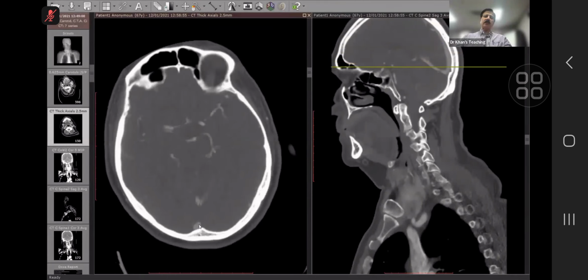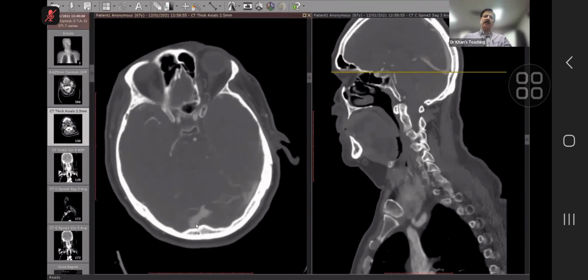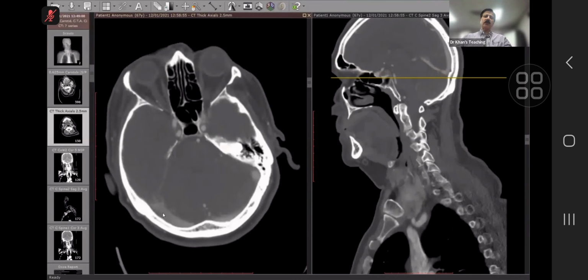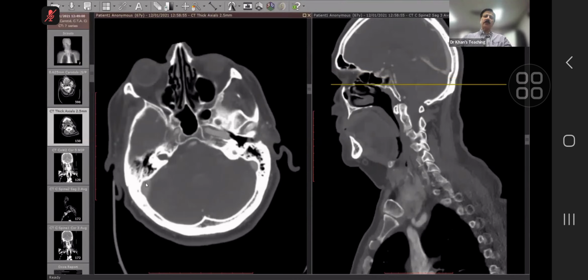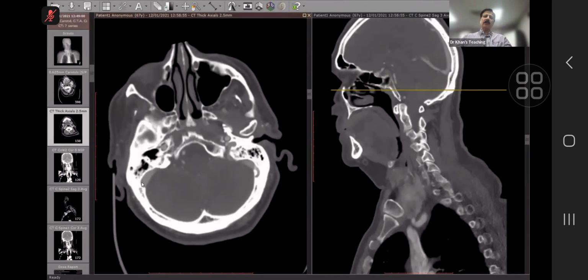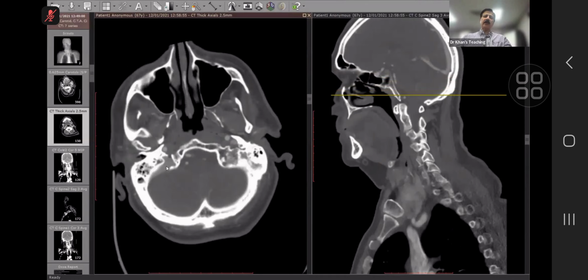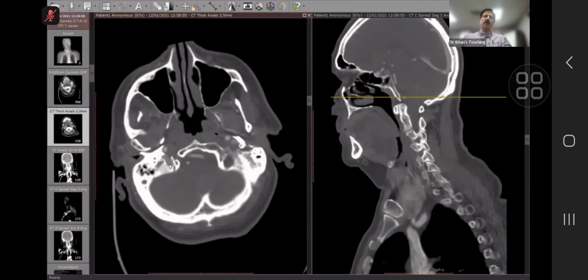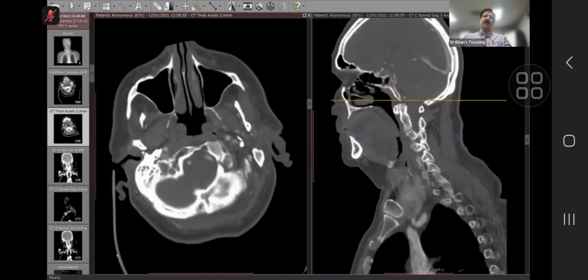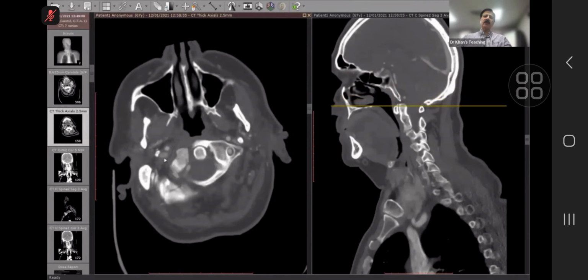This is the superior sagittal sinus. And then it divides into the transverse sinus. Now it goes here. This is the sigmoid notch, and then it passes down, and now it has to come out. So it will come out through the jugular foramen, and it then passes into the neck.